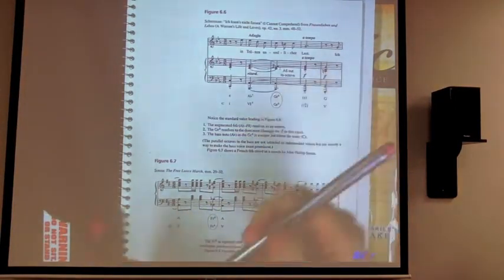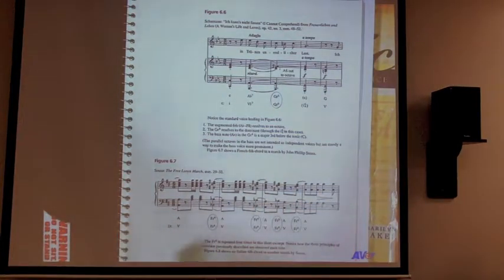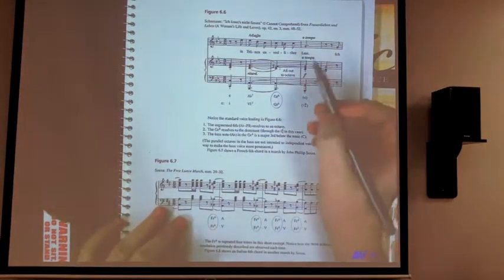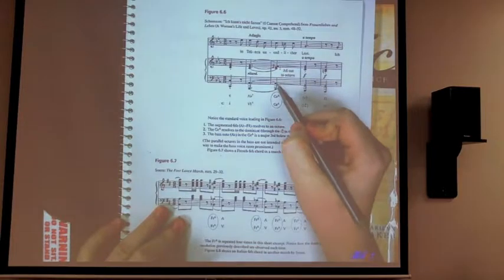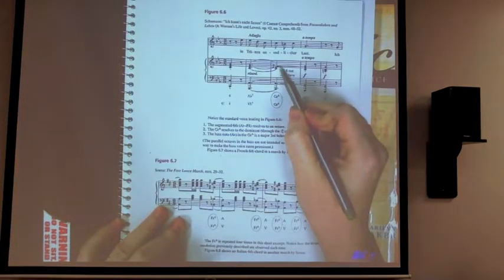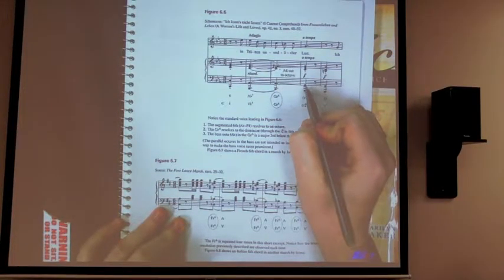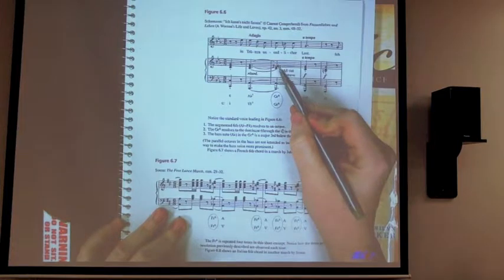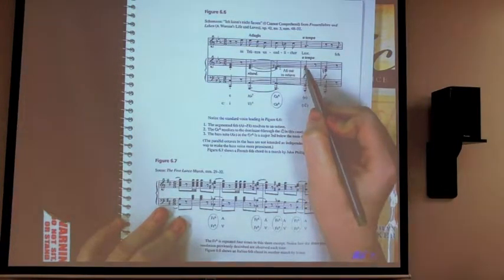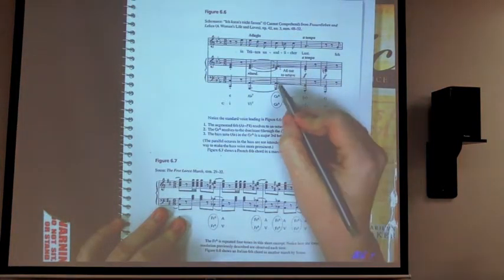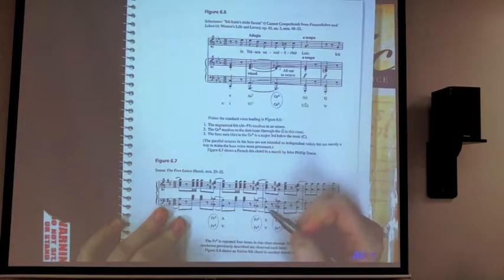So here's your augmented, let me find the green pen, your augmented 6th, right here, and here, right? F sharp, and the A is going to resolve down, right? So they're each going to resolve, this one's going to resolve up a half step to G, and this one's going to resolve down to G, down a half step, all right?